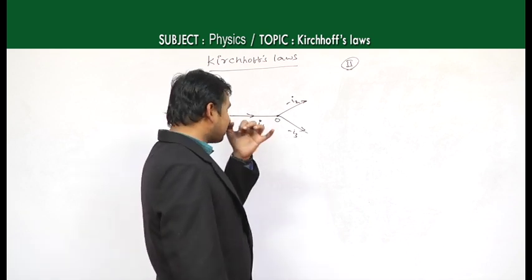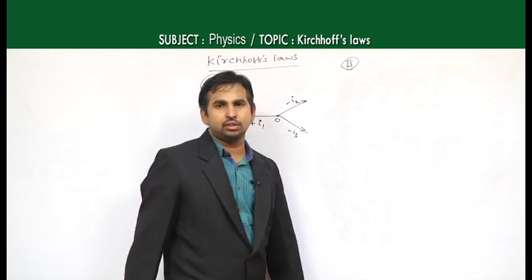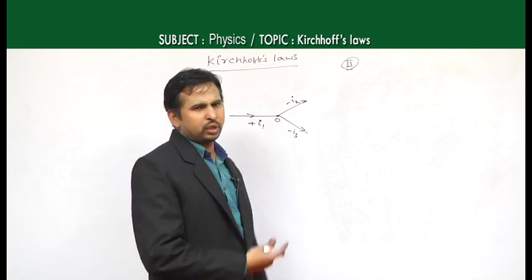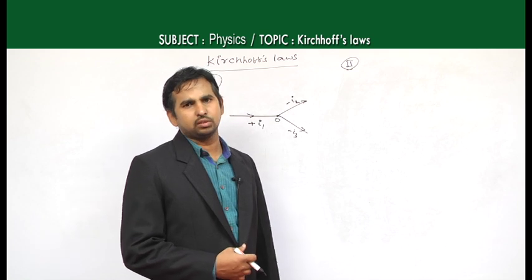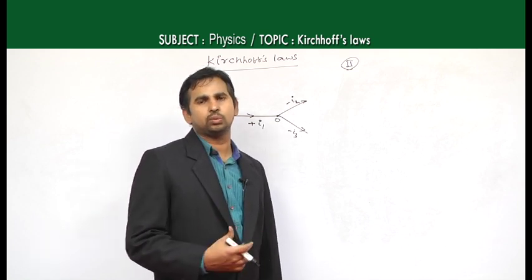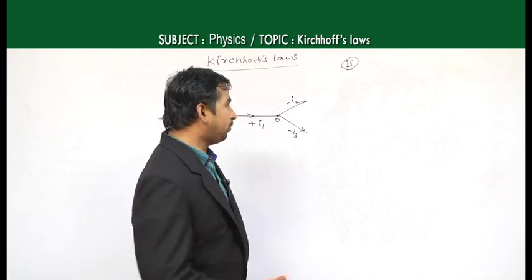When we come to Kirchhoff's second law, the voltage law, which is very important, when you go across any electronic appliance that has a resistance, we have to see the direction of current.